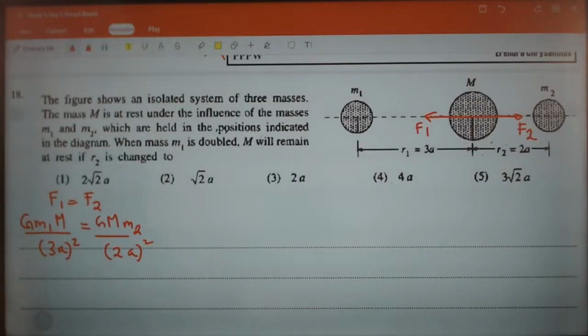Simplify this carefully: M1 divided by M2 is equal to 9 divided by 4. Keep it like that.